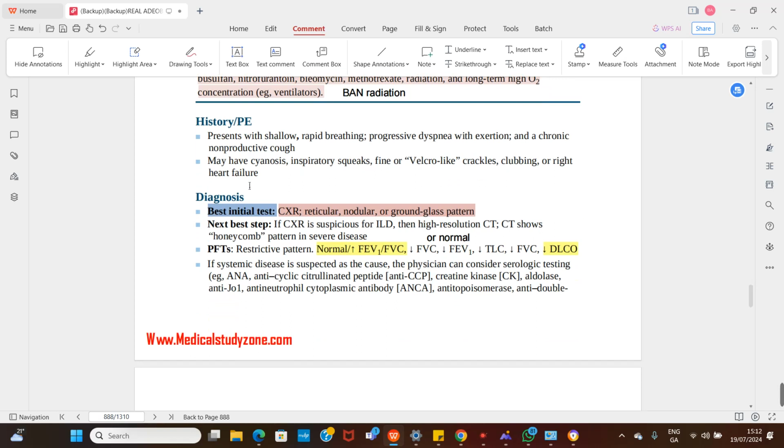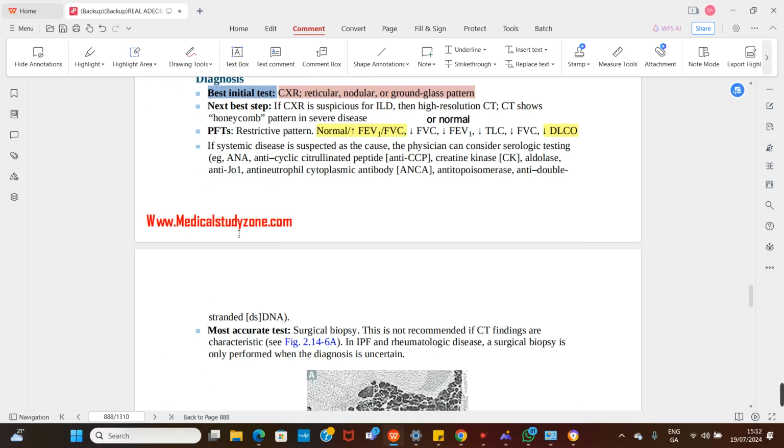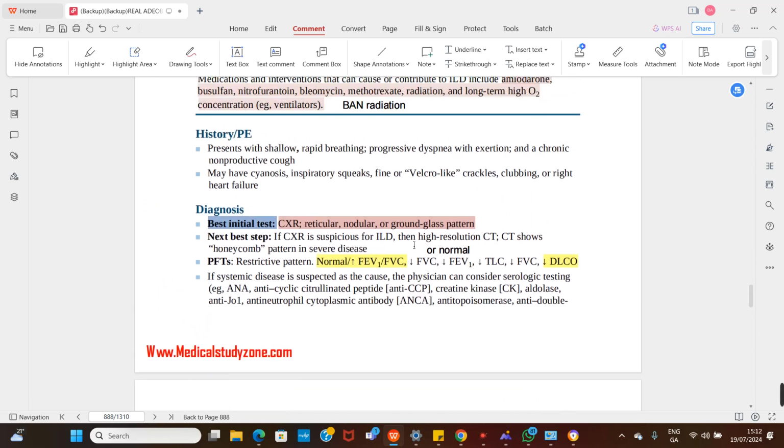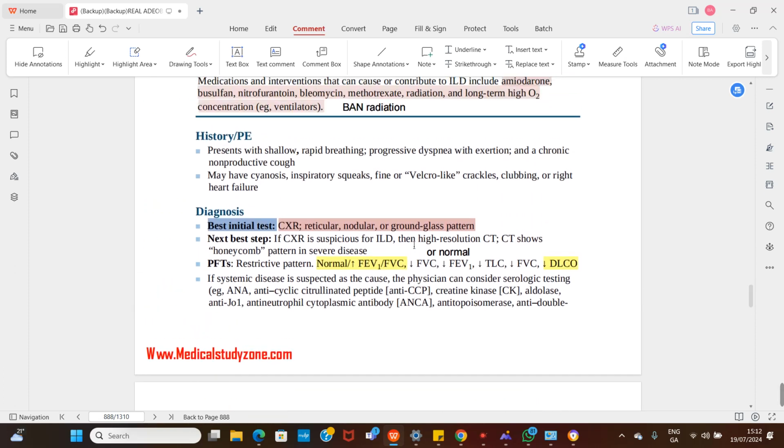So after you have done your x-ray, you see a reticulonodular pattern. Okay, you do your CT scan. You are seeing honeycombing, all this cystic dilatation here, and we know that's advanced.